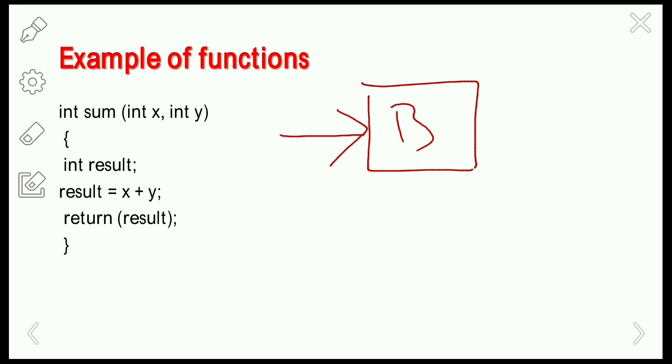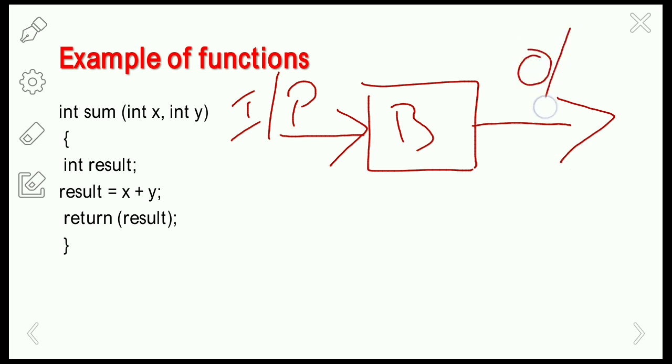Then some processing will be done internally in the black box, which is opaque, and we cannot see what is done in it. After certain operations are done, it will produce the output. So functions will work similar to a black box.